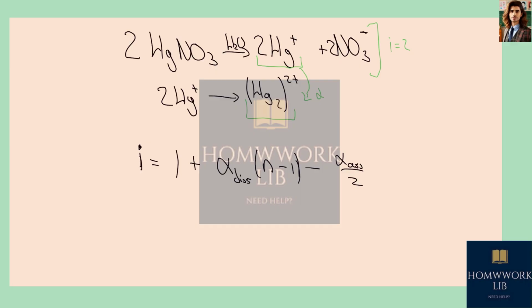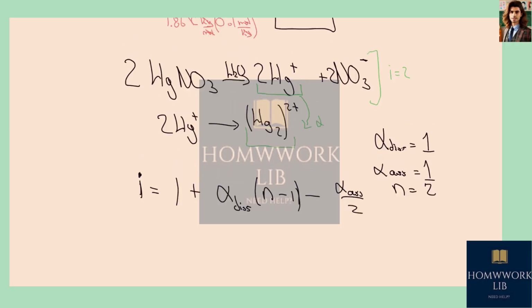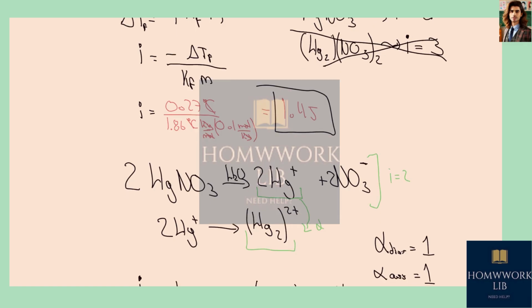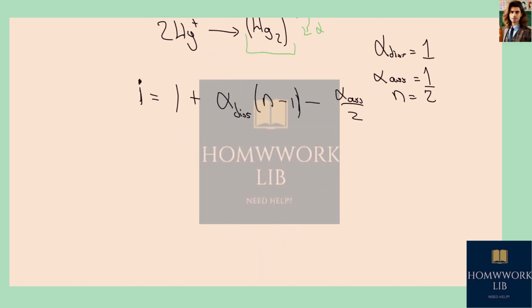What happens here is that if alpha of dissociation is equal to 1 and alpha of association is equal to 1, for this case where the number of ions generated would be equal to 2, according to our initial reaction, what we would get is that the Van't Hoff factor is going to be equal to 1 plus 1 times 2 minus 1, minus 1/2, which would be equal to 1.5.